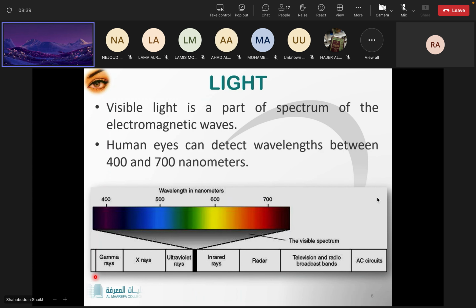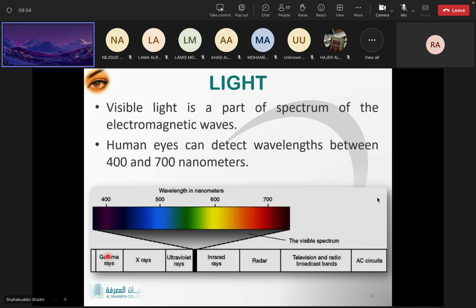If you see, this is the different type of electromagnetic waves based on frequency. So gamma frequency, X-rays, ultra, infra, radar, television, AC, all these are AC and alternating current circuits actually here, not air conditioner. So the point is these are different wavelengths.